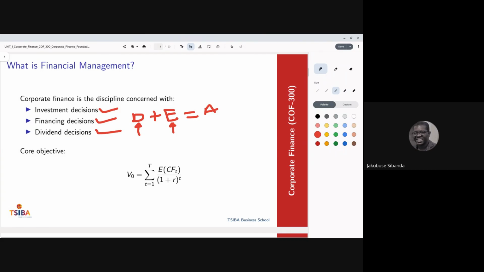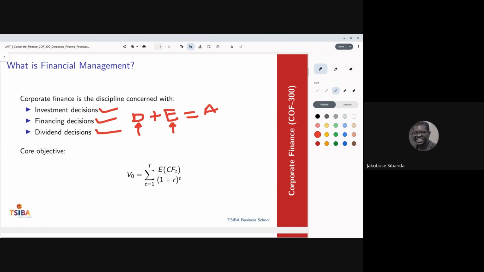So how are you going to give back this money to these people? You can decide either you're going to pay them dividends, or you can decide you're going to pay them through increasing their share size or giving them another number of shares within the company, which we refer to as a stock dividend. So you will have to find a way that will still make your business sustainable.